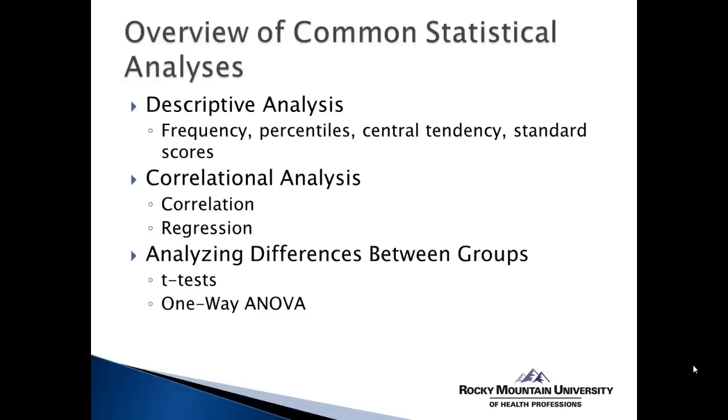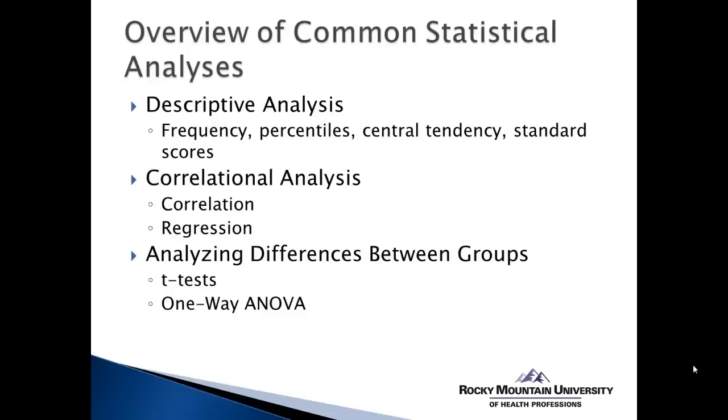So if we have three groups we're comparing, a one-way ANOVA will tell us there's a difference somewhere, but it won't tell us if 1 is different than 2, if 2 is different from 3, or if 1 is different from 3. And so in that case we conduct what are known as post hoc comparisons to find out which groups are different from each other. Now you could also choose to test differences between specific groups rather than comparing all the groups, and these are known as planned comparisons.